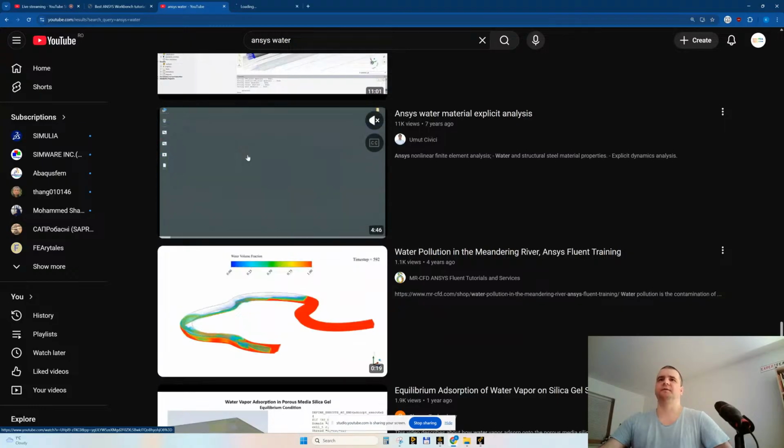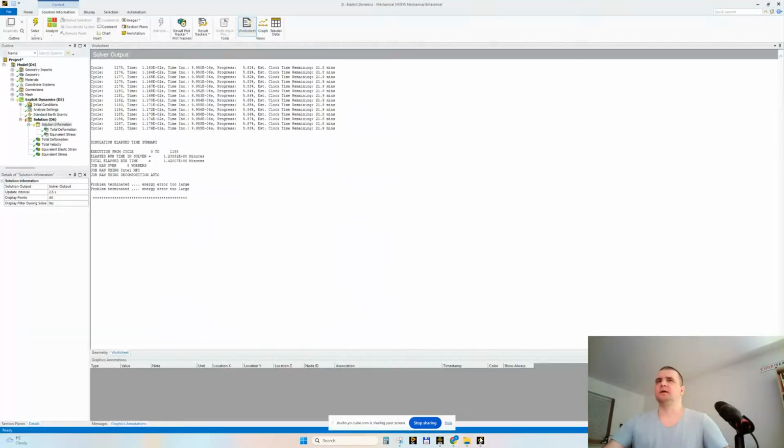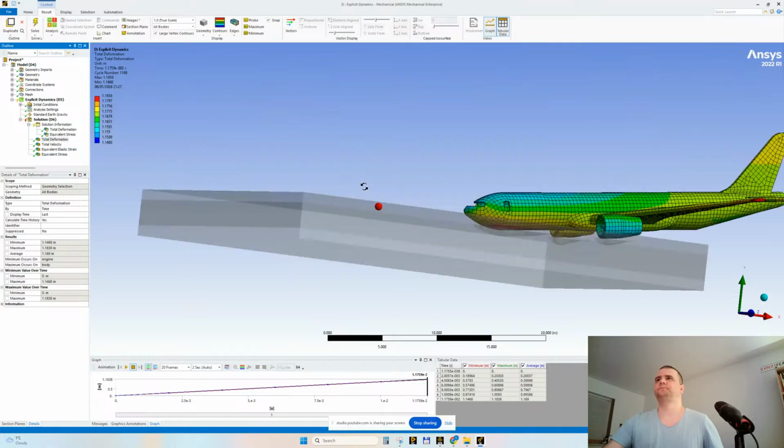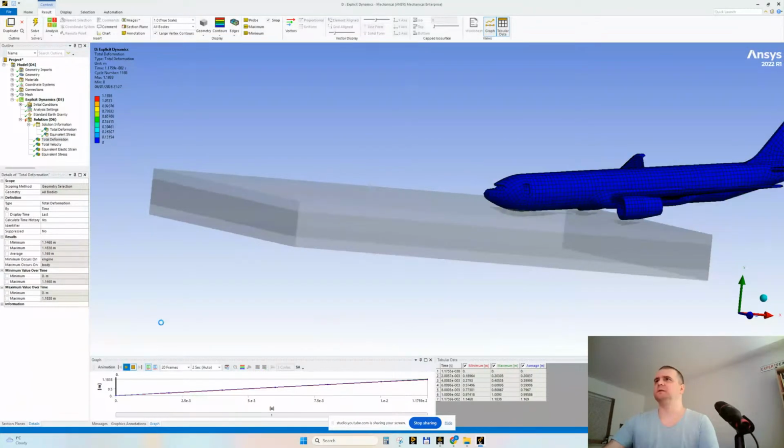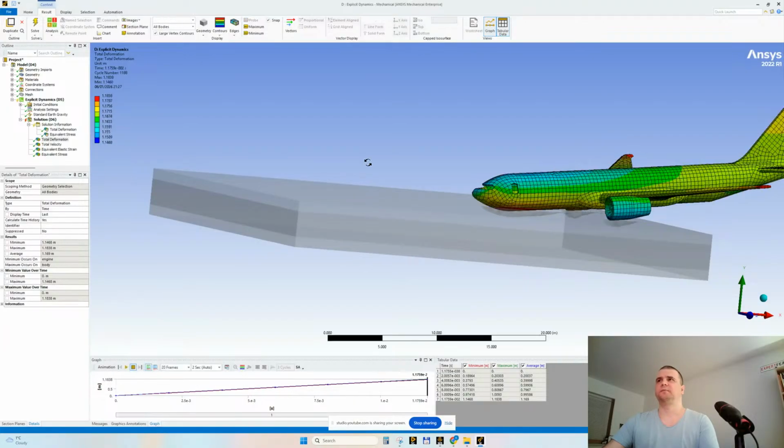Okay, we have a trial here. Let's see how it behaves. Oh, energy error too large. So at the moment of impact, the FEA stopped. The question is, why did it stop?